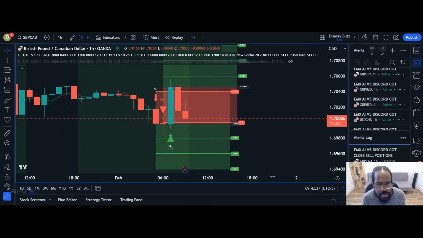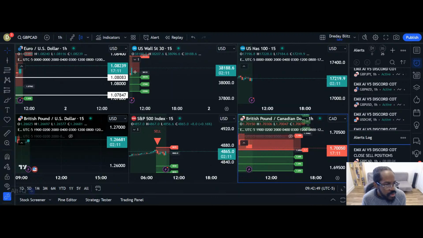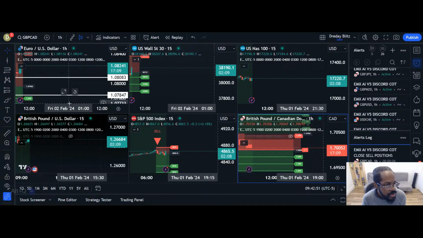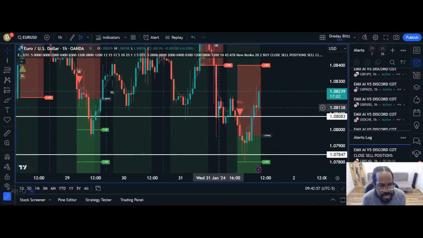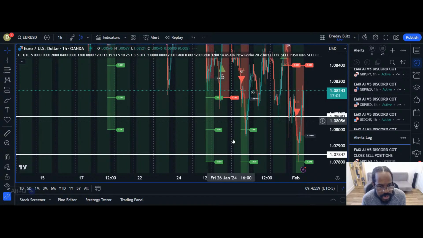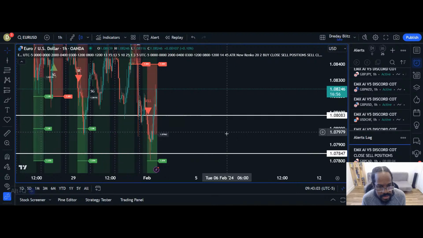We did have some good moves here on the Euro USD, GBP USD, and good setups here on the indices in the afternoon yesterday. Like I was saying here, we did have some good setups, especially off of that order block that we plotted here a few days ago.